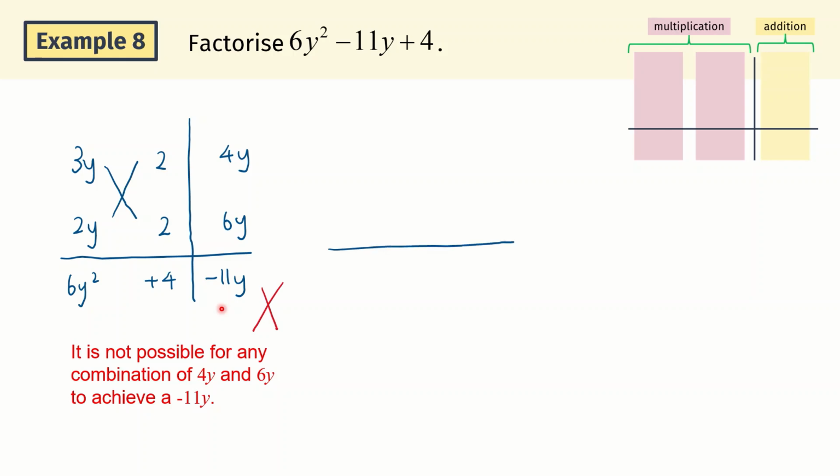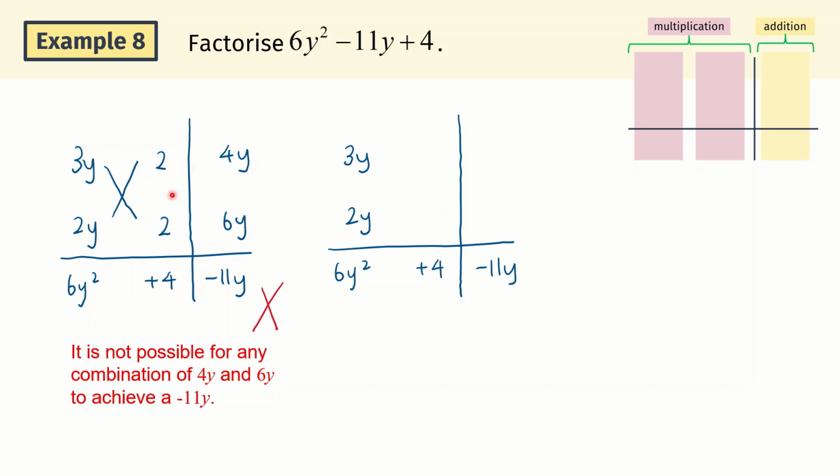So I draw another new frame. I put in the things in the bottom row, and then perhaps I want to consider 3y and 2y to give us 6y squared. I'll keep this first. We change one thing at a time. I'm not going to change this. I will instead change what contributes to a positive 4.